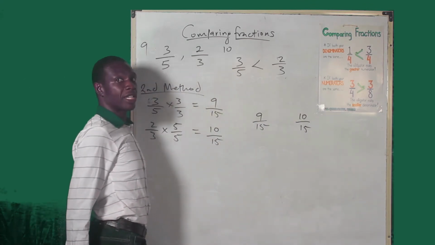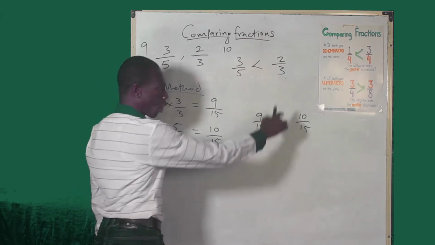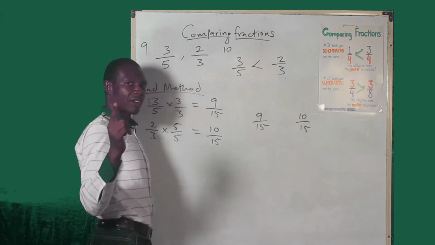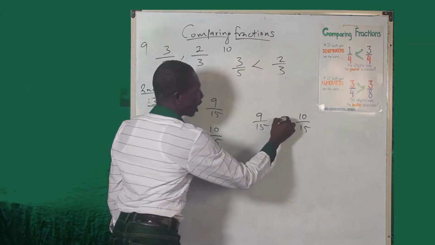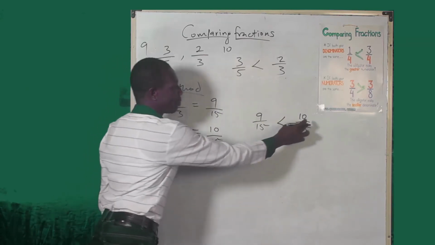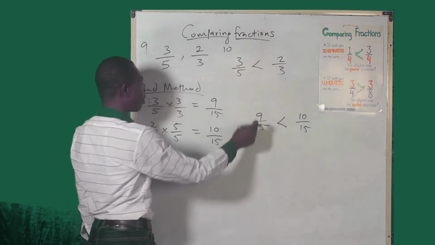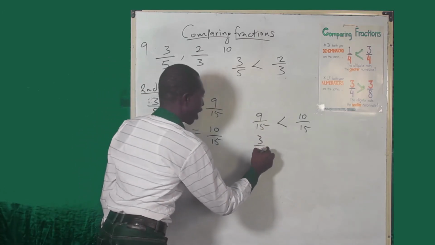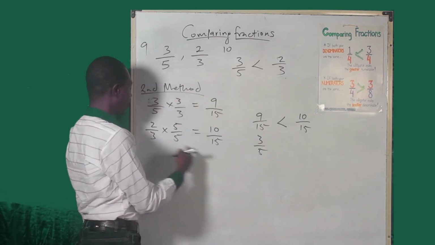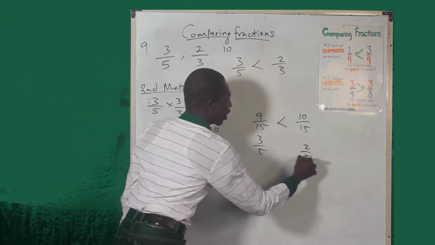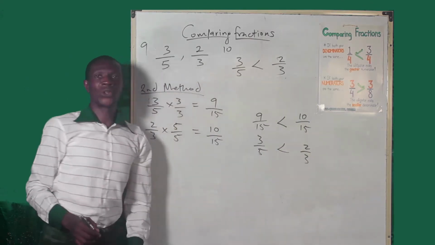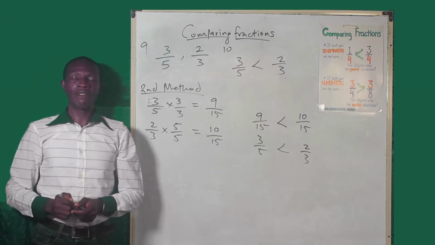Which one is having a bigger numerator? Of course, 10 over 15. Correct. So, you are going to say alligator is the bigger one. And what is 9 over 15? 3 over 5. What is 10 over 15? 2 over 3. So, that is how to compare fractions.